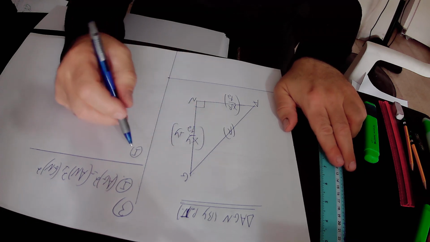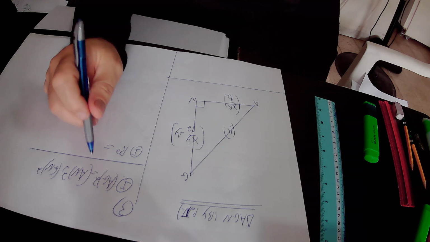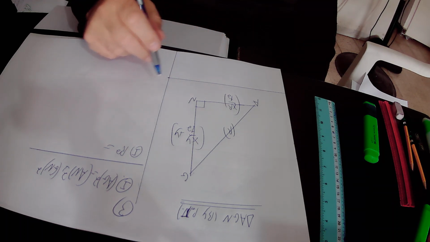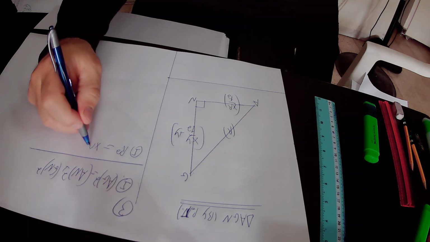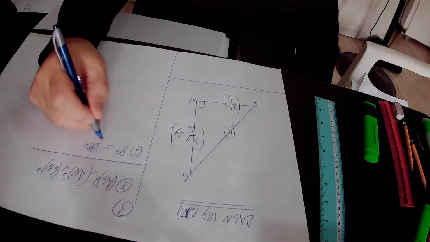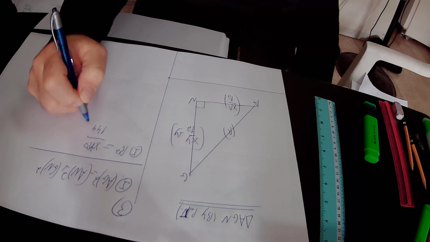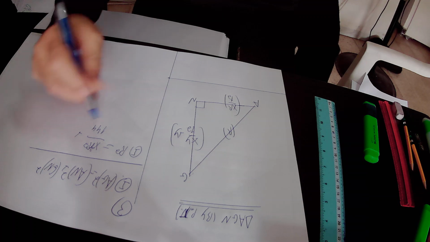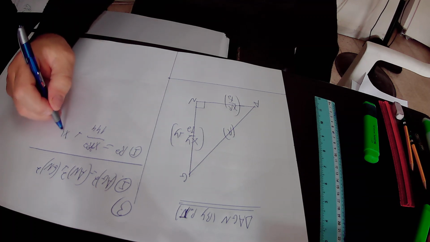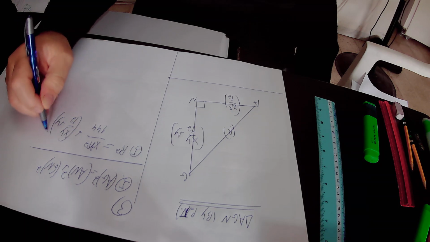AG is R, therefore AG square is R square, and it equals AN square. AN is XR over 12, therefore AN square is XR over 12 square. XR over 12 square equals X square times R square over 12 square, that is 144. So in total, R square equals X square times R square over 144 plus GN square. GN equals XY over 12 plus Y, therefore GN square equals XY over 12 plus Y square.